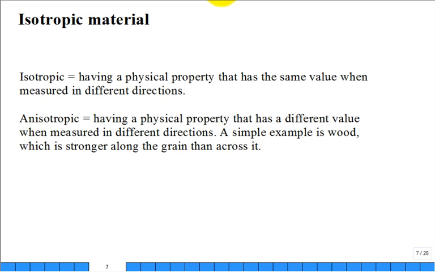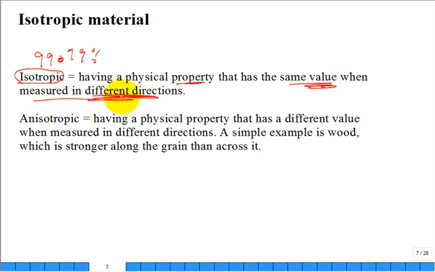Well, 99.99% of this class, meaning almost never is it the other case, but 99.9% of the class we deal with what we call isotropic materials. Isotropic means the property has the same value measured in all directions.